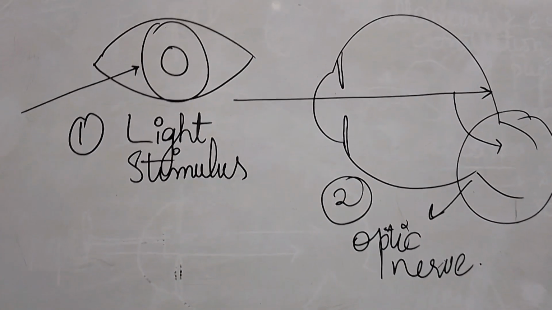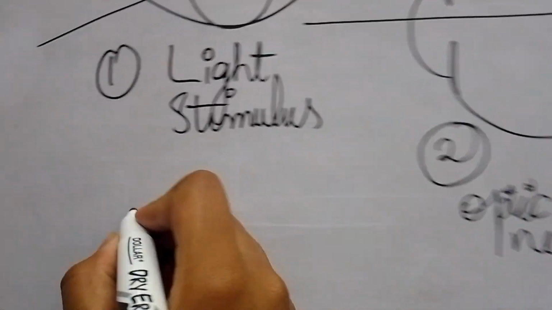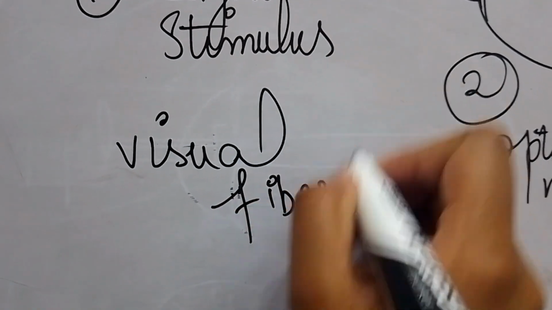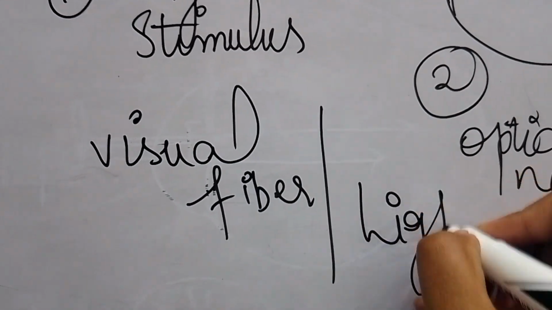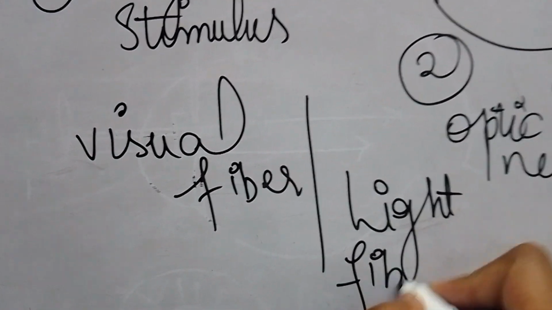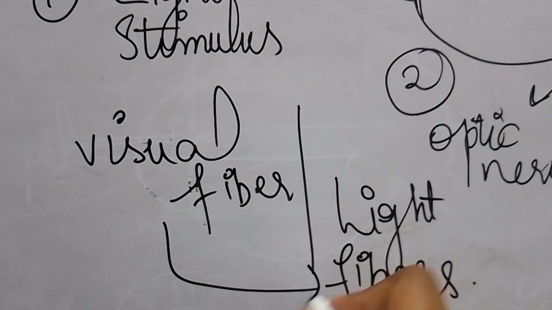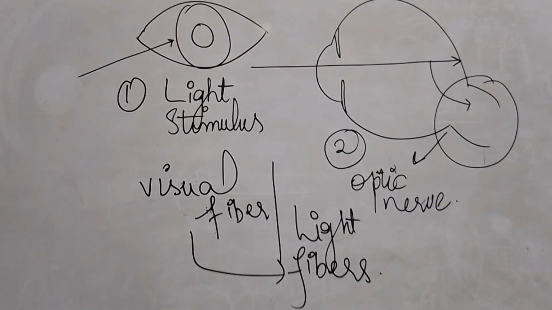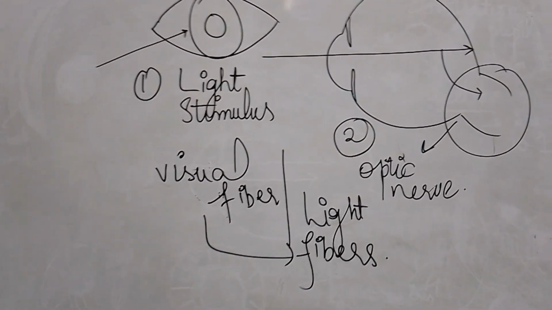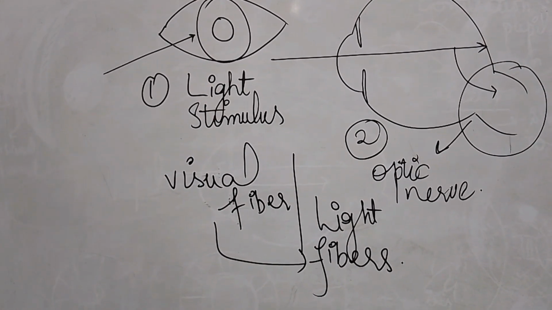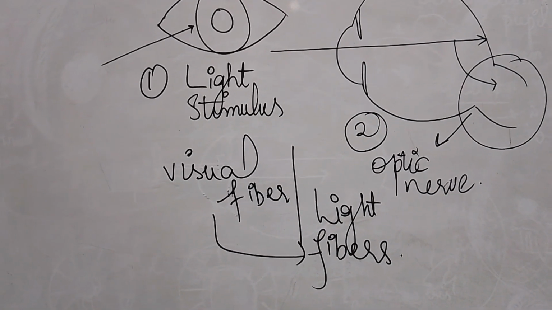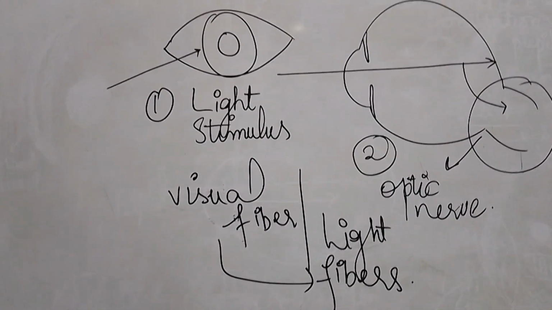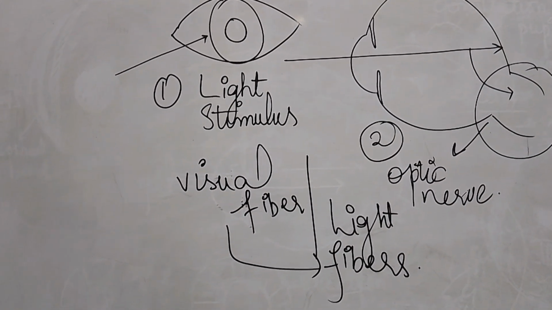Here you have to remember that visual signals, visual fibers, and light fibers both travel in the optic nerve. Visual fibers are the fibers carrying the information about the image. So visual fibers will show you the image, while light fibers are just for the constriction of the pupil.